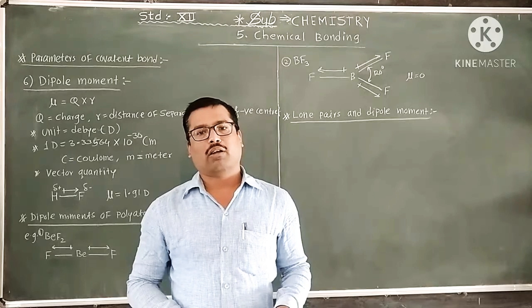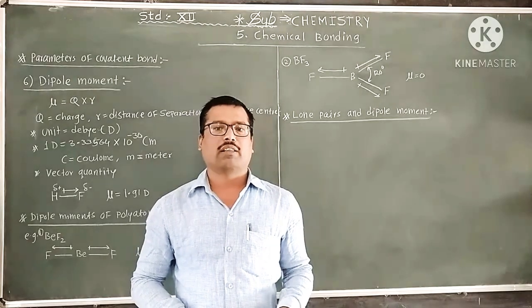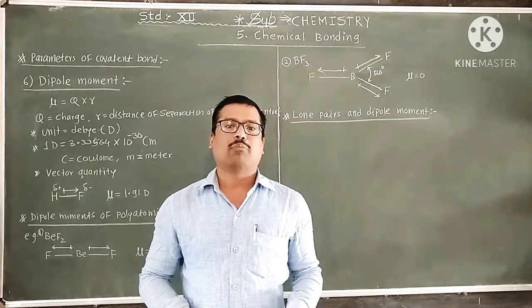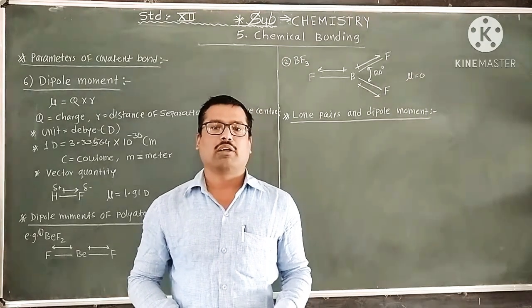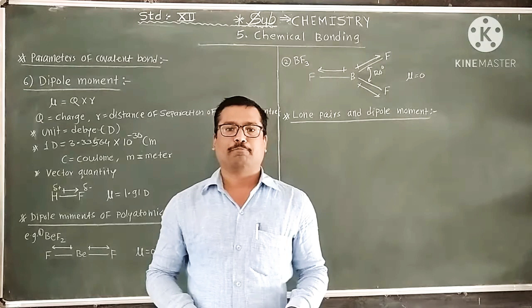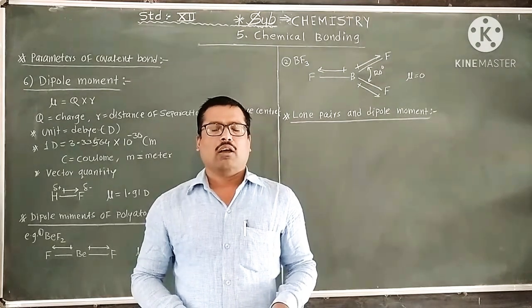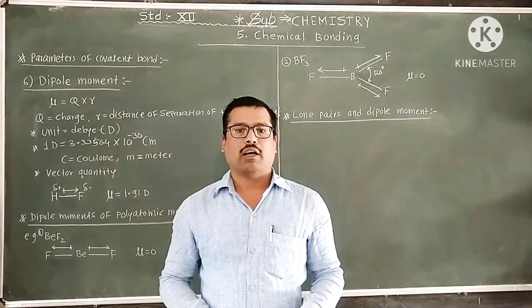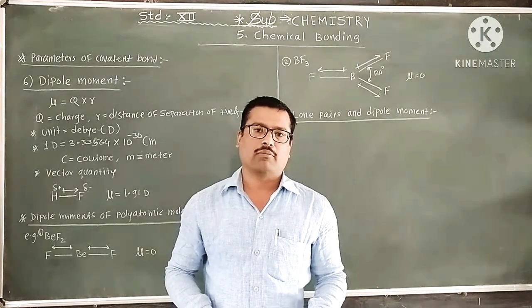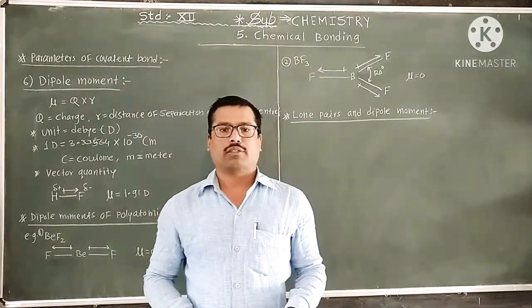These lone pairs of electrons also contribute to the resultant dipole moment of the molecule. For example, nitrogen in NH3, that is ammonia, and oxygen in water have lone pairs.